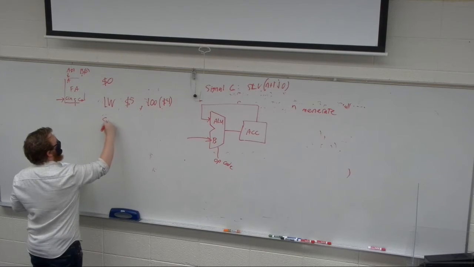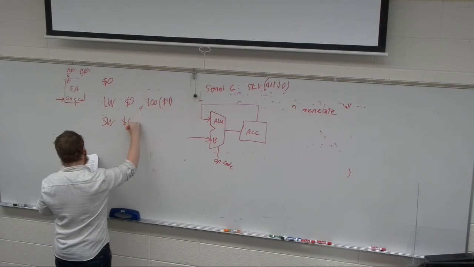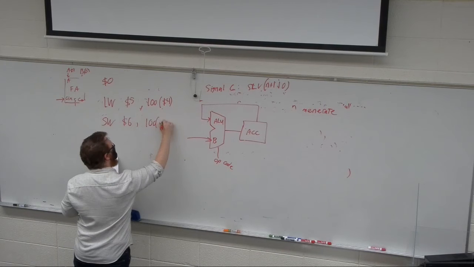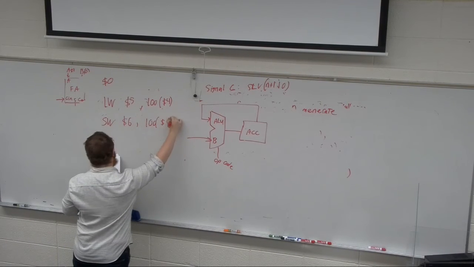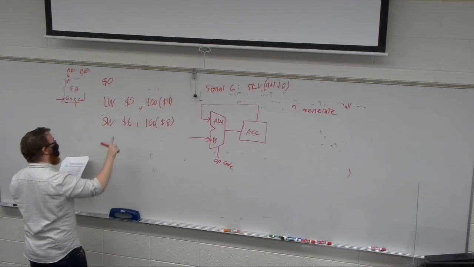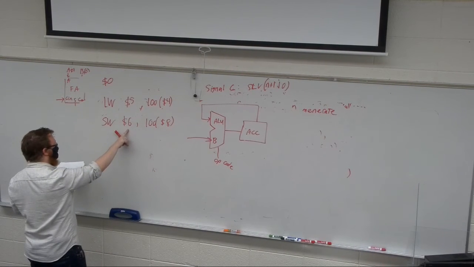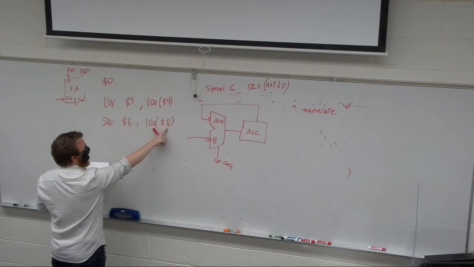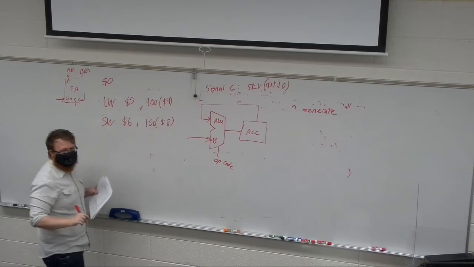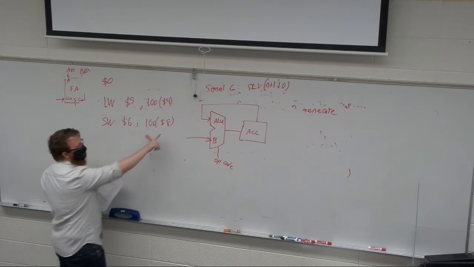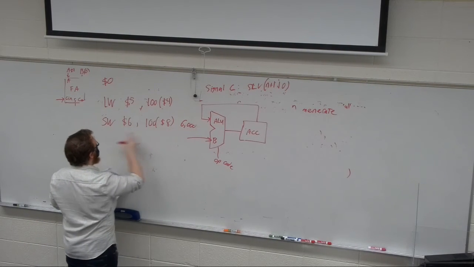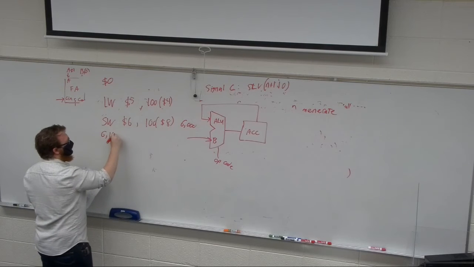Store into memory is S. And that's taking the contents of register 6 and storing it into memory at the address of whatever is in 8, offset by 100. So if 8 had the address 6000, then we would store it to memory at 6100.